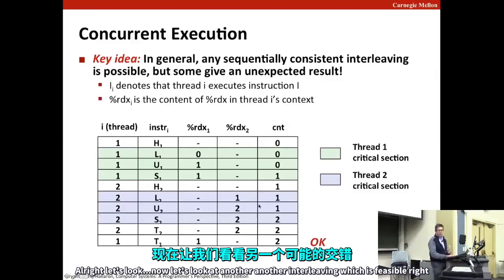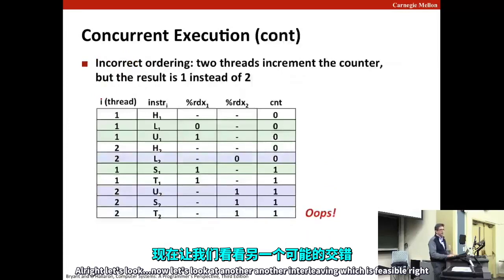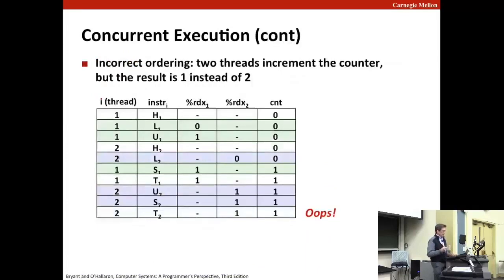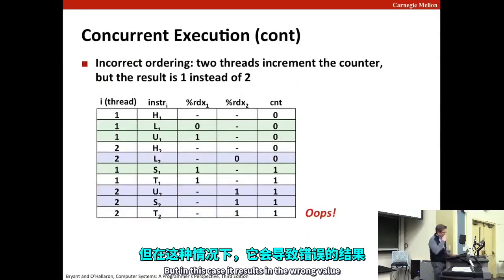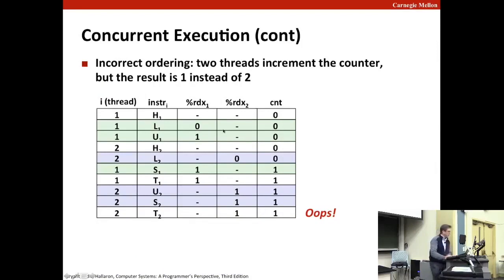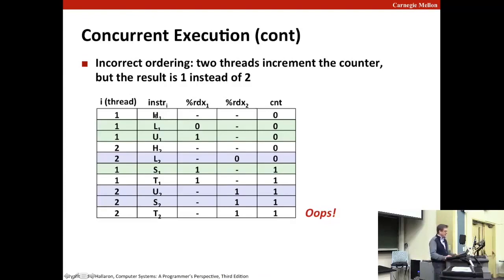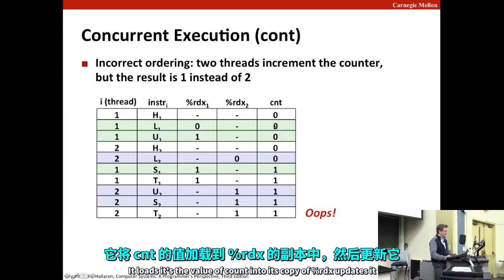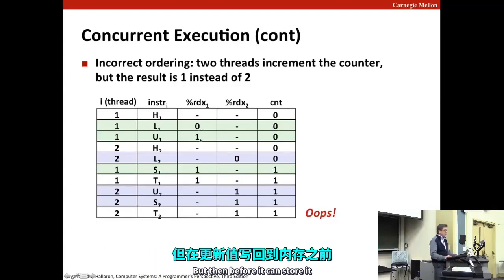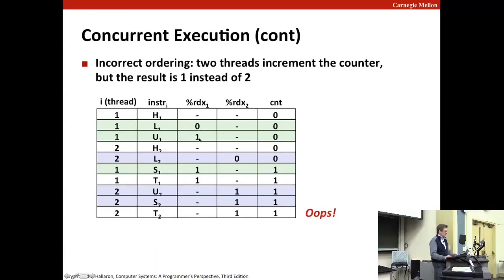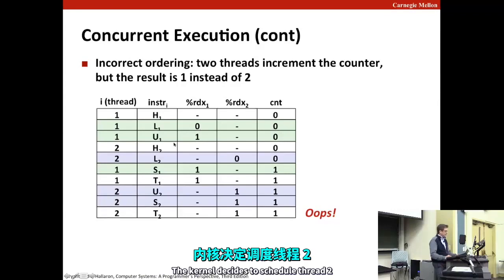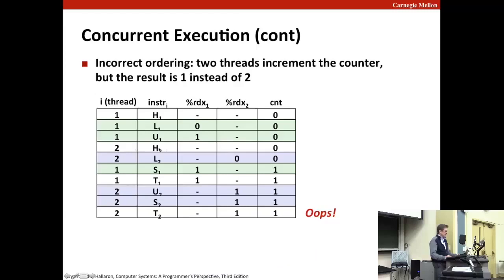All right, let's look at another interleaving, which is feasible, but in this case, it results in the wrong value. So here we start with thread 1 again. It loads the value of count into its copy of RDX, updates it, but then before it can store it, the kernel decides to schedule thread 2. So thread 2 begins executing.